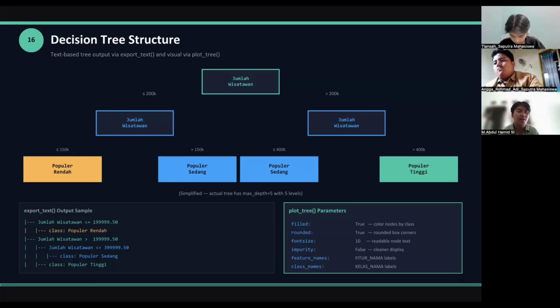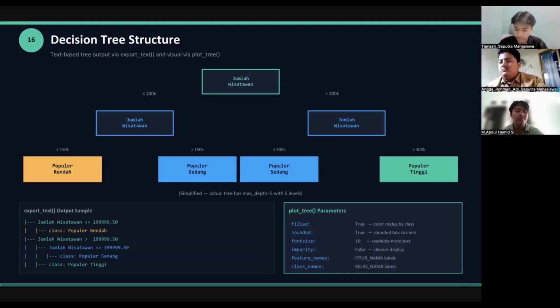For example, point 1, less than 200,000 visitors is classified as low popularity, point 2, between 200,000 and 400,000 is medium popularity, and the last point, more than 400,000 is high popularity. The tree structure helps us understand how the model makes decisions.